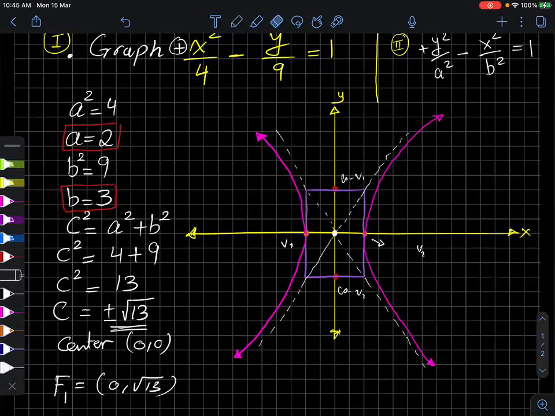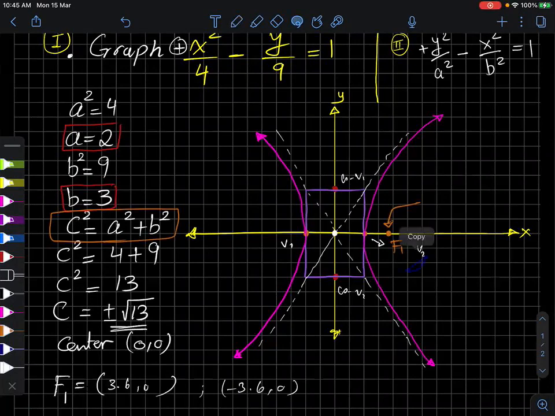Now we should cancel this point and write 3.6 and 0, and negative 3.6 and 0, and plot your points. Plot the foci here: 3.6, and negative 3.6. That's why, guys, in the equation of the foci, c squared equals a squared plus b squared, because as you see, f1 is farther than vertex 1 and vertex 2.